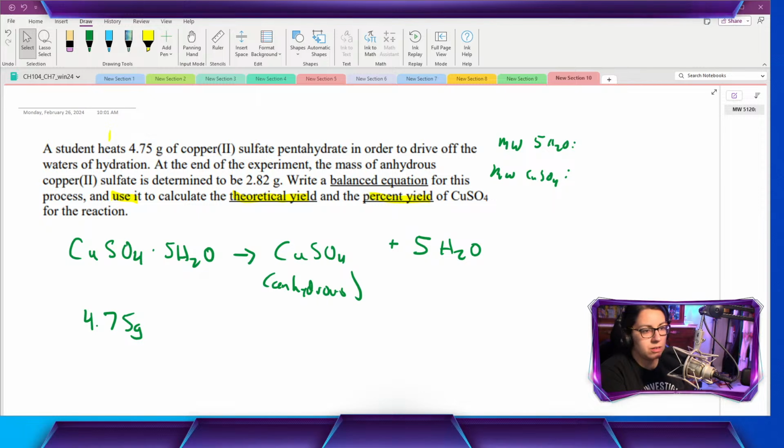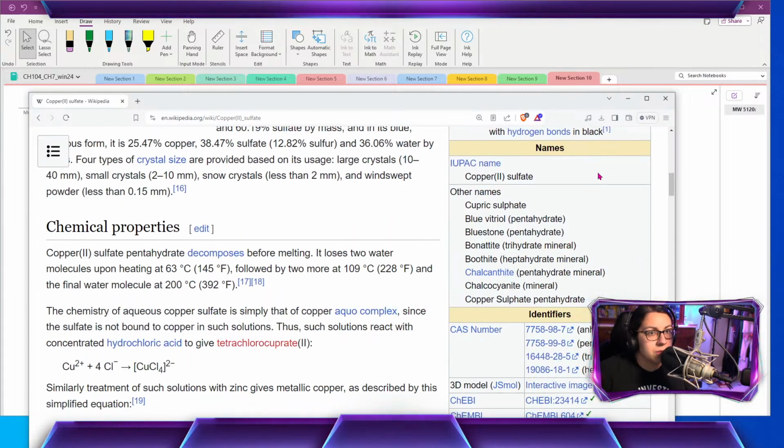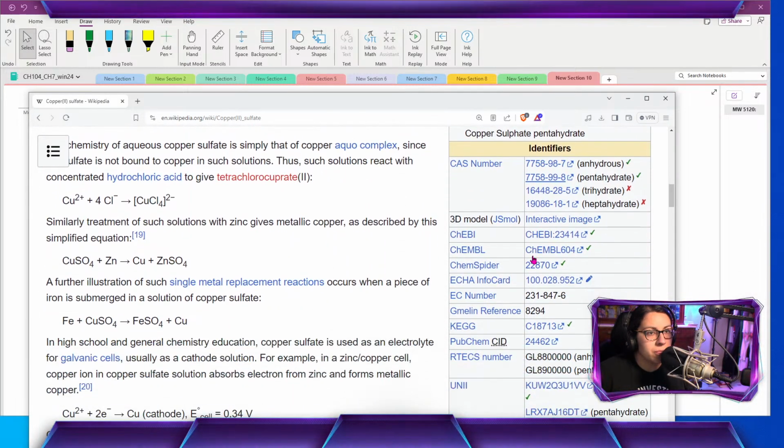I'm going to say cheat a little. So you can add it up by hand, or I'm going to look at Wikipedia to make this a little faster for myself.